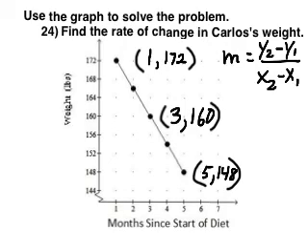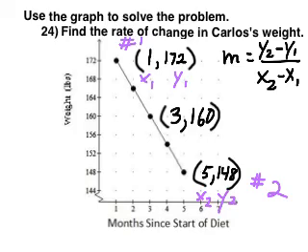Okay, so then we just have to pick 2 of the points and plug them into our formula. And what I recommend doing is making one first point. So let's make this one number 1, and I'm going to make this one number 2. But you can pick any 2 points, and you can make any of them number 1 and any of them number 2. You just can't make the same point number 1 and number 2, right? Okay, so if this is our point number 1, this is x1, this is y1, and this is point number 2. We'll make that x2, and this is y2.